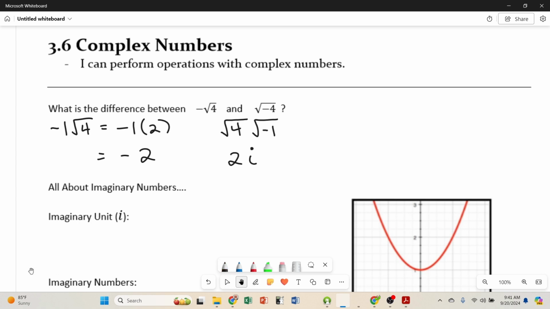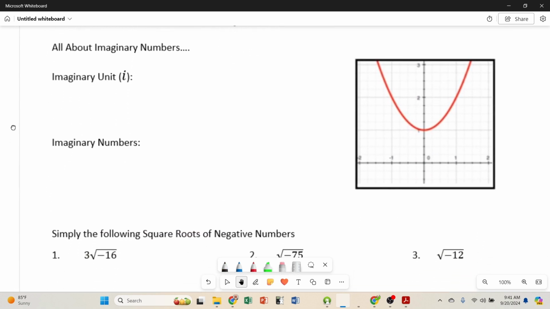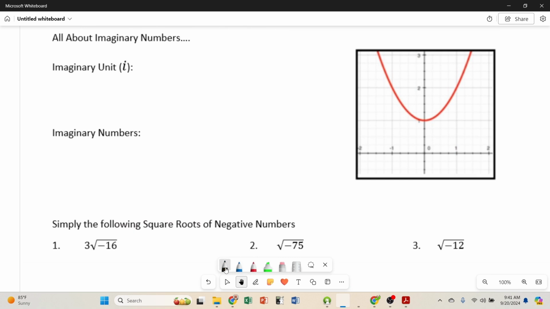So the imaginary unit, as we said, is I, which is equal to the square root of -1, or I squared is equal to -1.